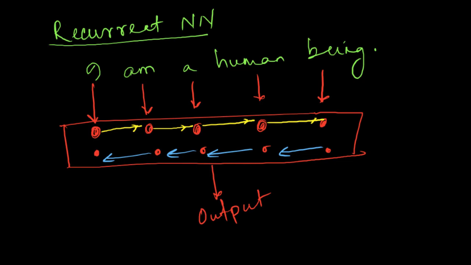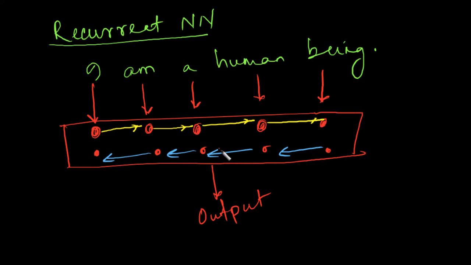But one limitation of these RNNs is that if you have a very long sentence, then by the time this information reaches the last node, it can either vanish to zero or it can explode to a very high number. And that is because essentially all this passing of information is multiplication of matrices.